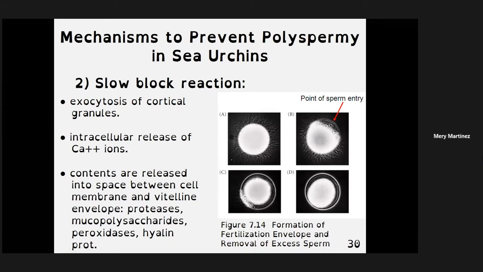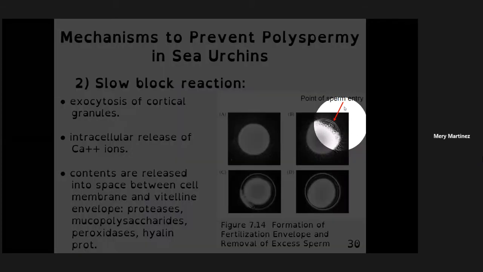So once the sperm puts the key inside that lock, all these cortical granules start going exocytosis, okay? Which in this case will be a very similar reaction to what we saw happening on the acrosomal part of the sperm in the vesicle, okay? So what's going to happen is that there's going to be a lot of calcium that starts propagating and creating a gradient.